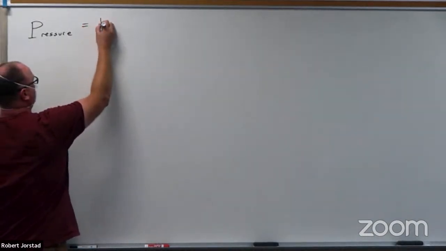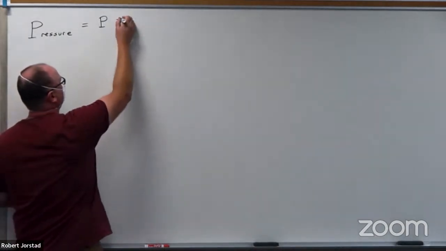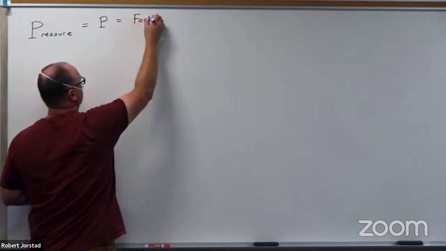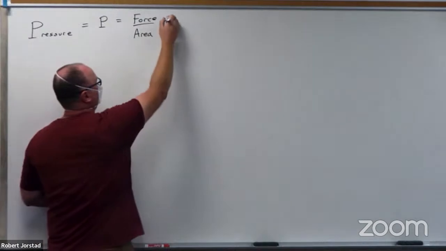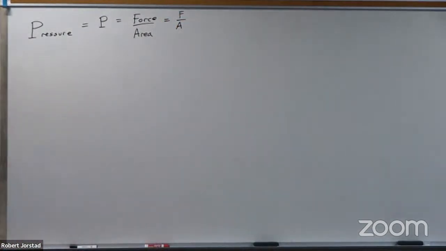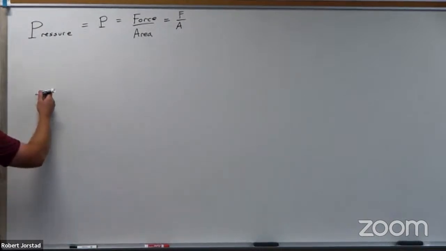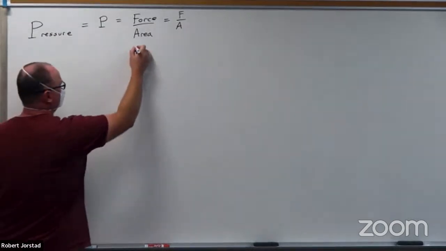Okay, we're going to talk about pressure. I'm going to use capital P. So to indicate that it's capital P, I'll put a line underneath it. It's force over area, or F over A. Immediately, let's talk about units. What are the units of force? Newtons.